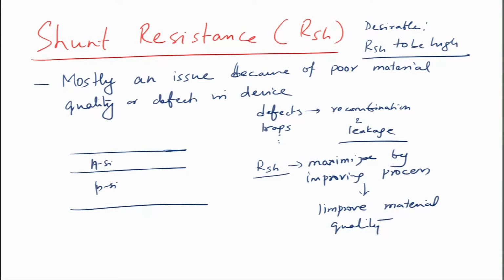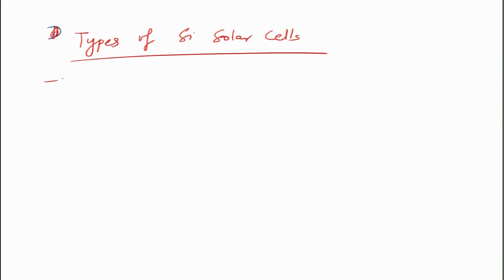And based on these guidelines, there are few kinds of solar cells people have made. So, you can say types of silicon solar cells. There is something called as buried contact solar cell.